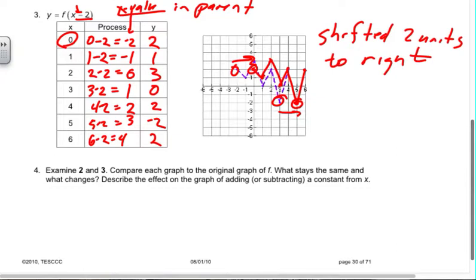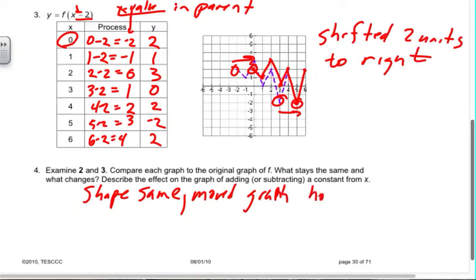Well, we still got the same general shape. So the shape is the same. We've just moved the graph horizontally. And that's the whole idea here.